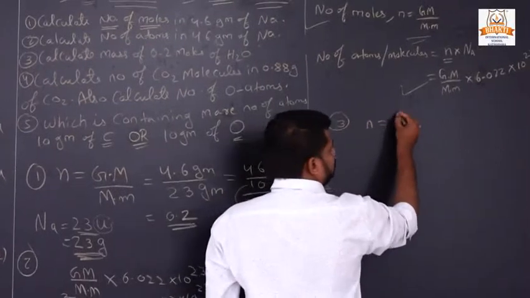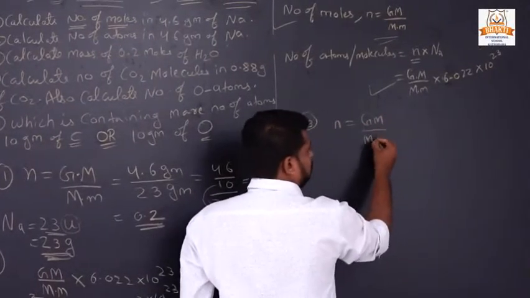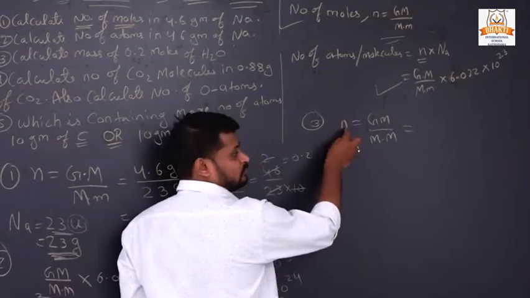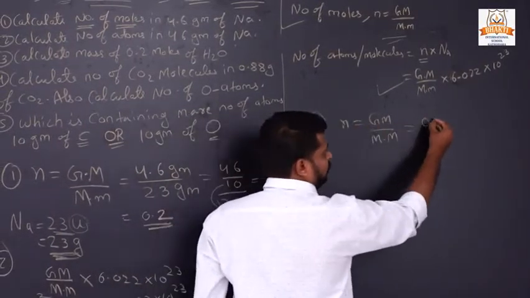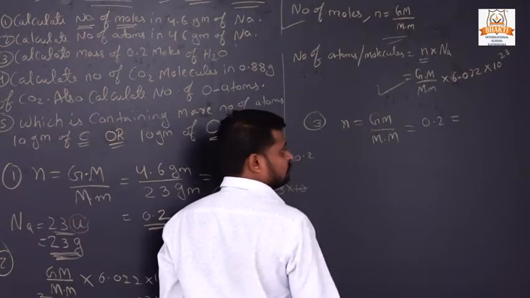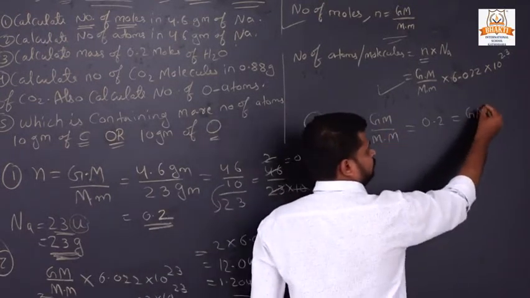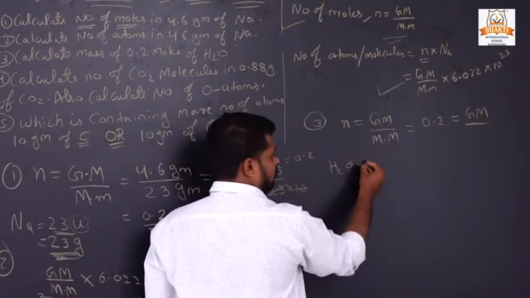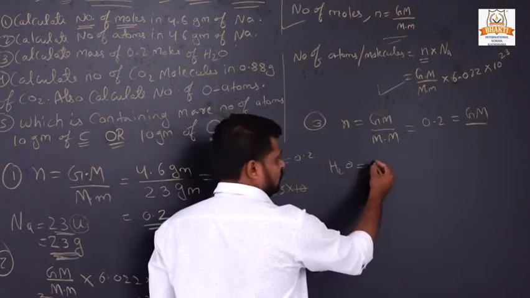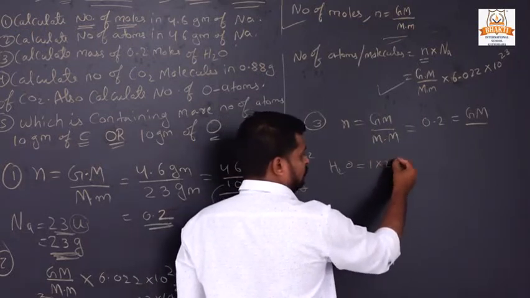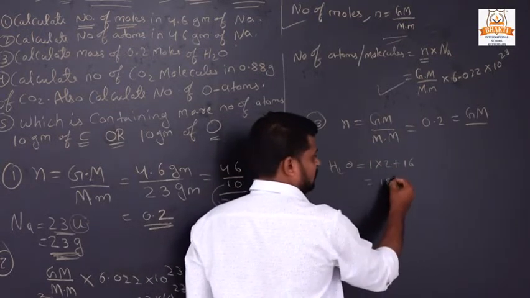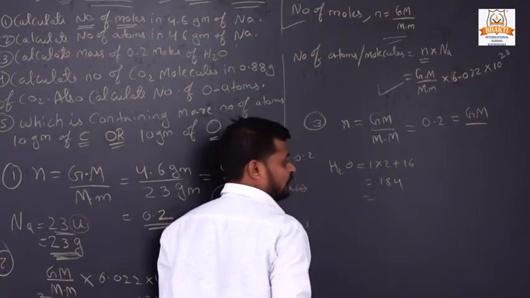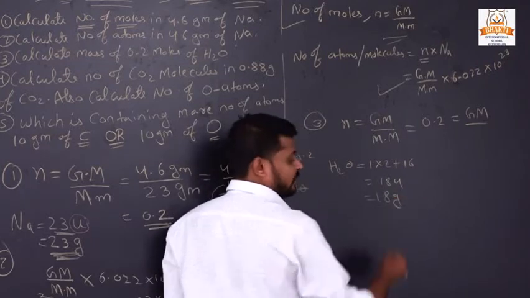n equals given mass upon molar mass. So here the number of moles is 0.2 equals given mass, which we have to find, upon molar mass of H2O. We all know the molar mass of H2O is 1 into 2 plus 16, that is 18. Atomic mass was 18 unified mass. When we convert into molar mass it is 18 gram.